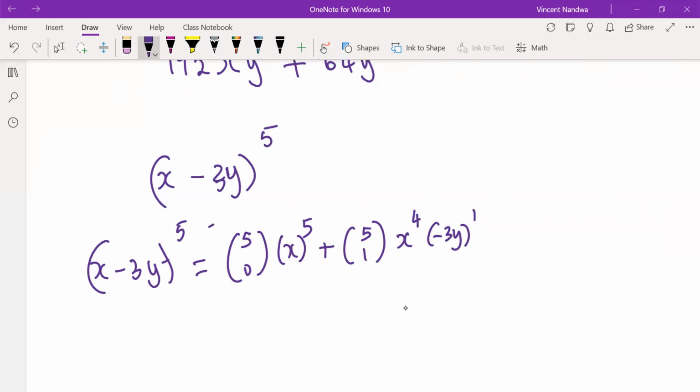Because this one can be written as (x plus minus 3y) raised to power 5, so this is our A and this is our B.